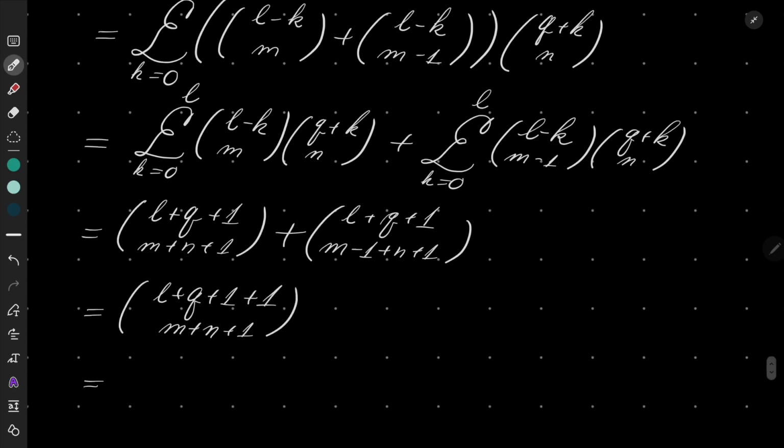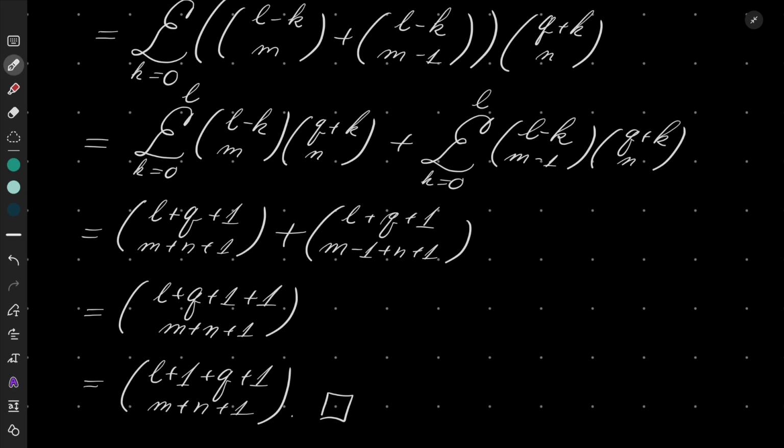And after changing the order, it's L plus 1 plus q plus 1 choose m plus n plus 1, which closes our inductive proof, because we assumed that our theorem holds for some L. Under this assumption, we have shown that it holds also for L plus 1. So by mathematical induction, it holds in every case.